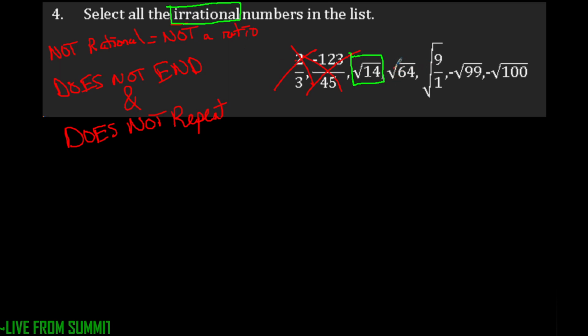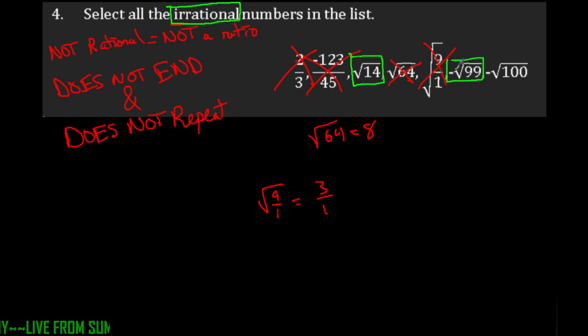Square root of 64, that's equal to 8, so that's not rational. Square root of 9/1 is the same as 3/1 because square root of 9 is 3, square root of 1 is 1, and so that's a fraction, so that's not right. The negative square root of 99, let's check that one out. You can use that Desmos calculator.